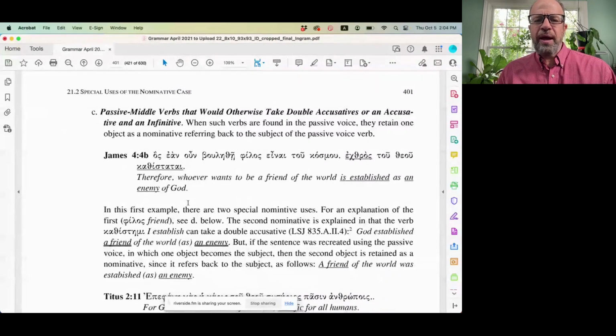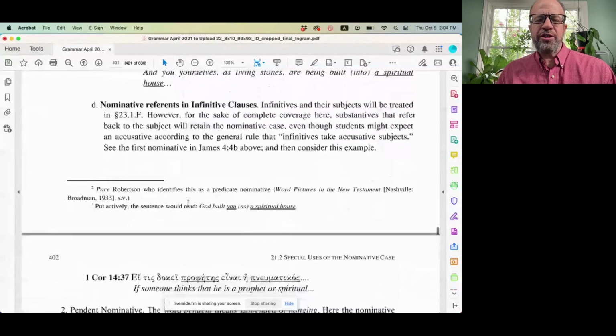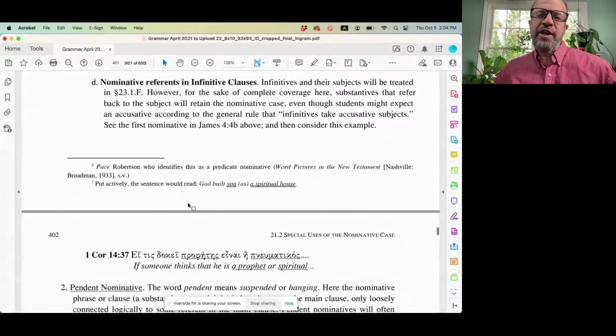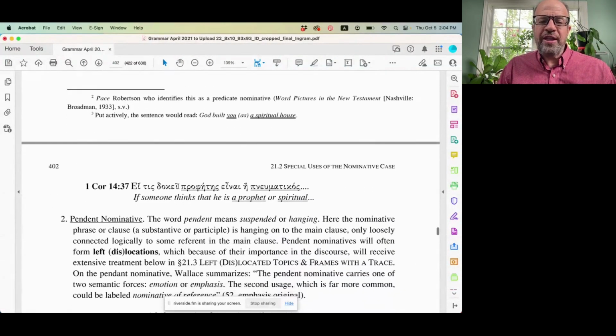There's also some other circumstances. For example, with an infinitive clause, a lot of times you learn with infinitives that their subjects are accusative, or technically accusative of reference. But there are indeed instances when the subject of the infinitive in the infinitive clause is put into the nominative case, and this occurs properly when that subject is the same as the subject of the main clause.